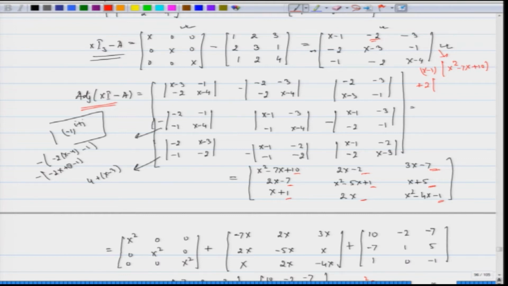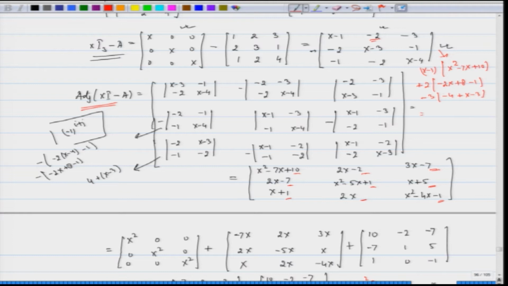So, minus 2x and minus minus plus 8, this minus 1 minus 3 times minus 4 plus x minus 3, I hope it is correct.